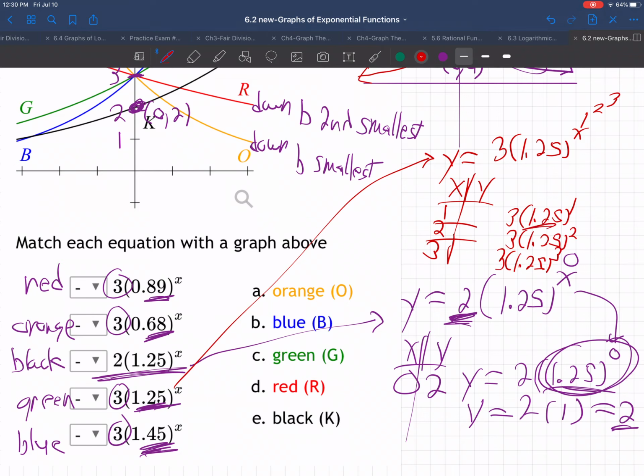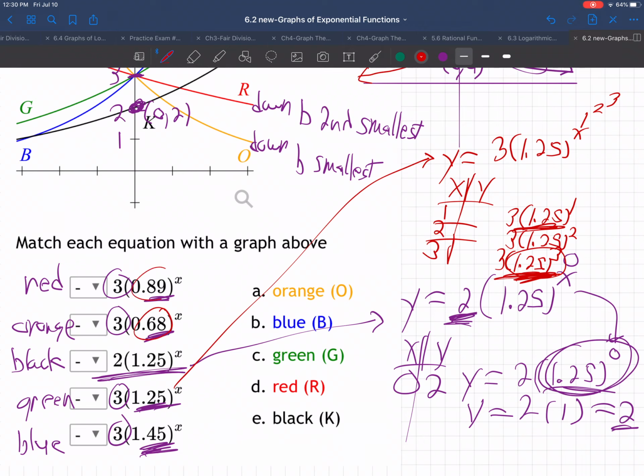This means 3 times 1.25 times 1.25 times 1.25. If you're multiplying by something bigger than 1, then your number gets bigger, doesn't it? If you multiply by something bigger than 1, it makes it larger.